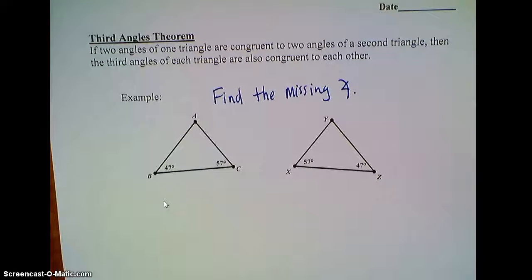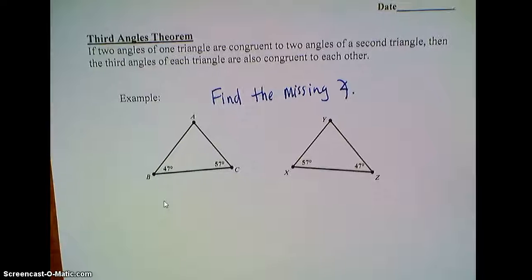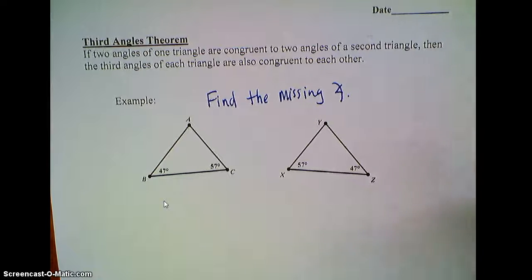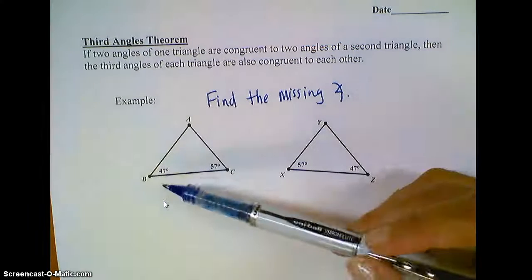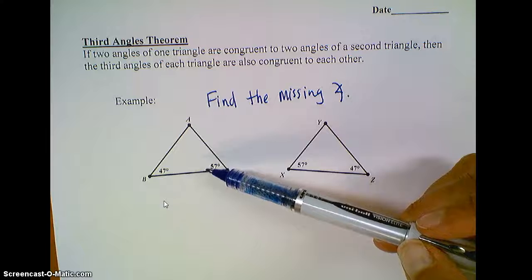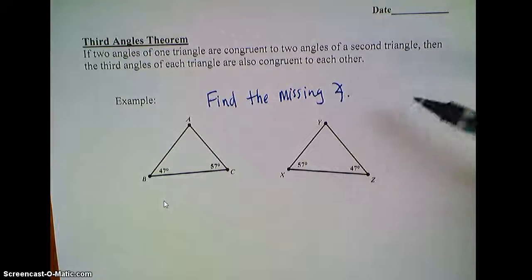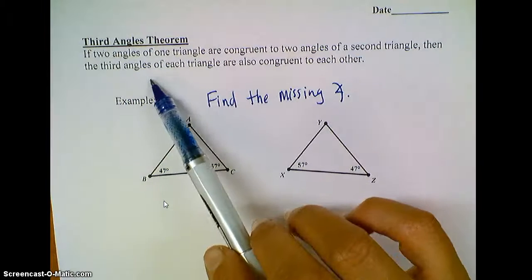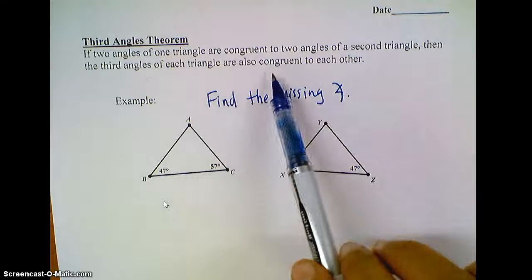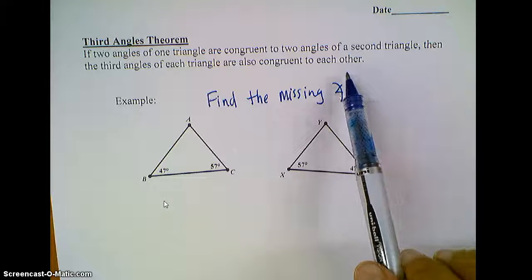Okay, on page 2, we encounter what's called the third angles theorem. And it says if two angles of one triangle are congruent to two angles of a second triangle, then you're guaranteed the third angles of each triangle are also congruent to each other.